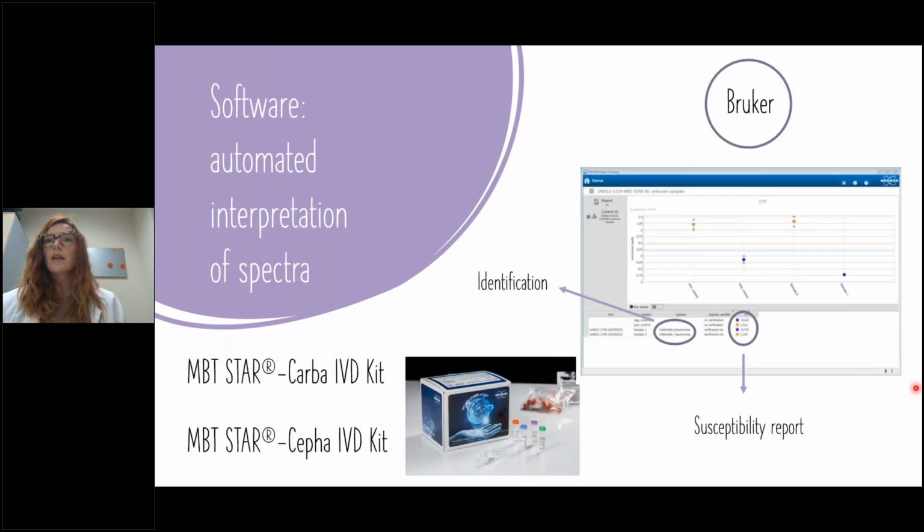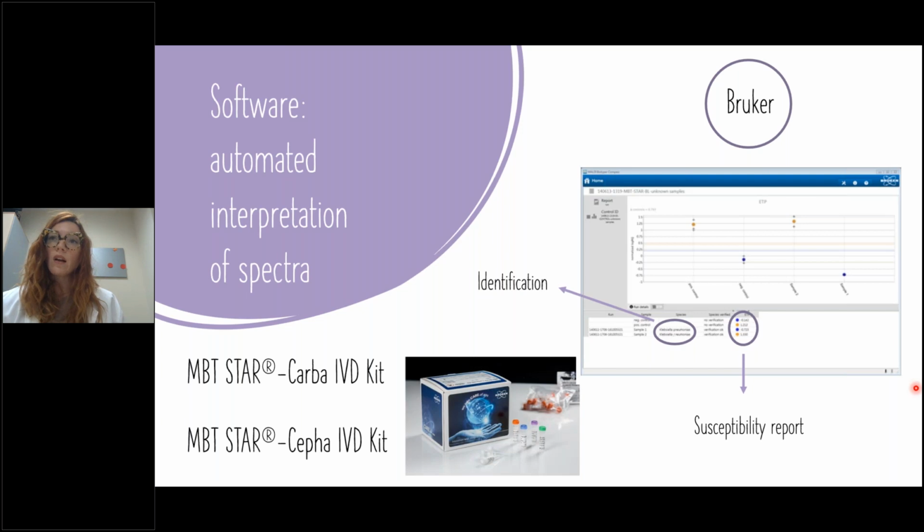There is automated software from Bruker that performs the interpretation of the spectra automatically and gives you a report where you can check if the bacteria hydrolyzes the antibiotic or not. It is commercialized with 2 kits, the Carba kit and the Cephas kit, which you can already buy and use in your laboratories.